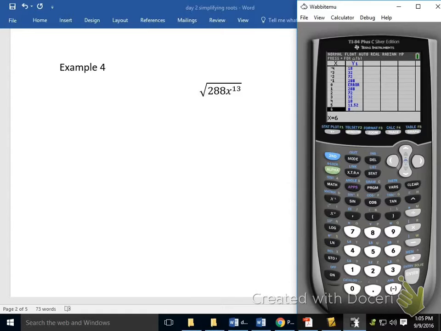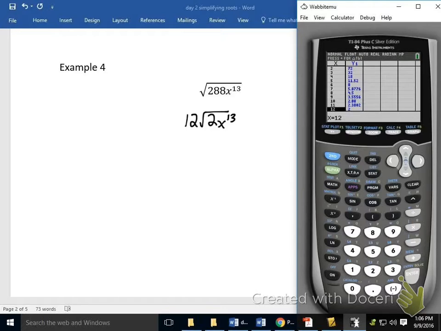For instance, 5 times the square root of 11.52, that's not a good answer. 6 times the square root of 8 is pretty darn good, but as I go further down here, 12 times the square root of 2. That's actually how the square root of 288 simplifies. The square root of 288 is 12 times the square root of 2. And you can just refer to your table to actually get that answer.